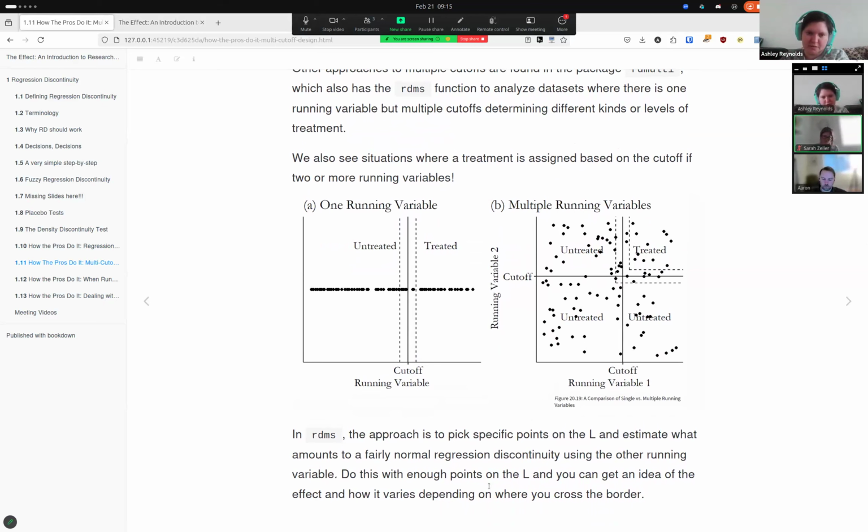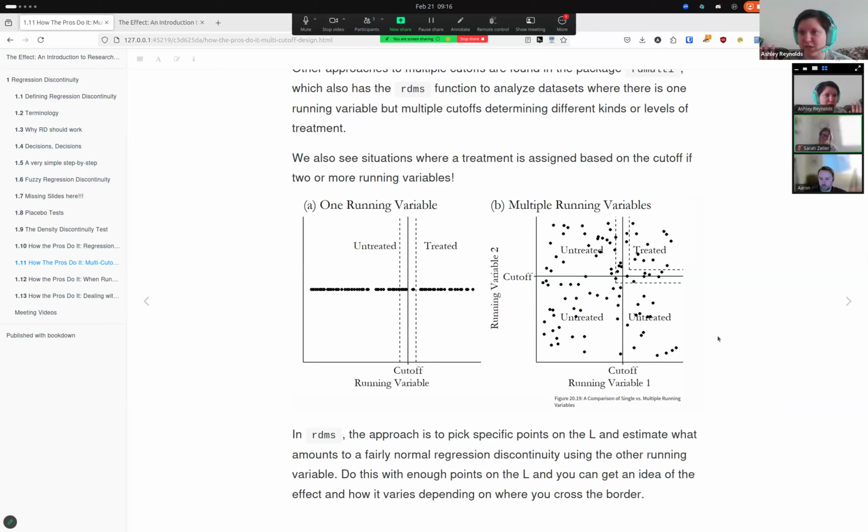The approach in RDMS is to pick specific points along this L shape and estimate what is essentially a pretty normal regression discontinuity using the other running variable. And it does this multiple times. So it iterates over these until you get enough points along that L-shaped cutoff that you can get an idea of the effect and how it varies depending on where you cross the border.